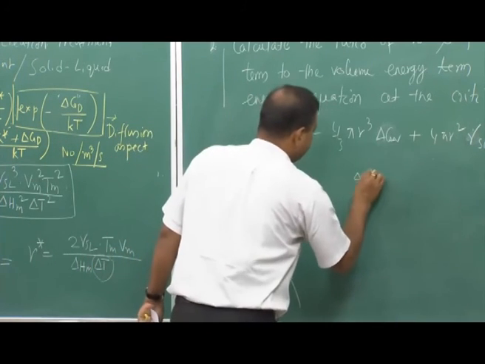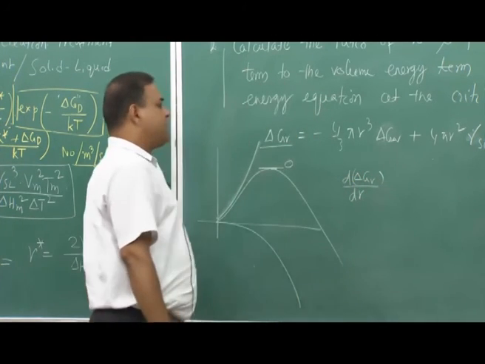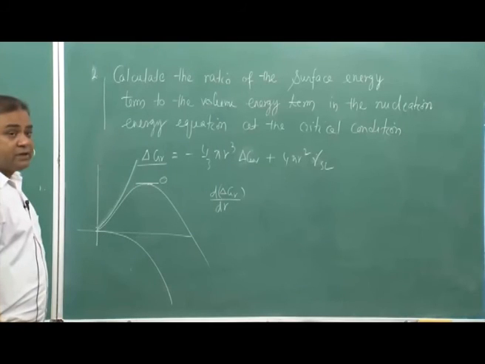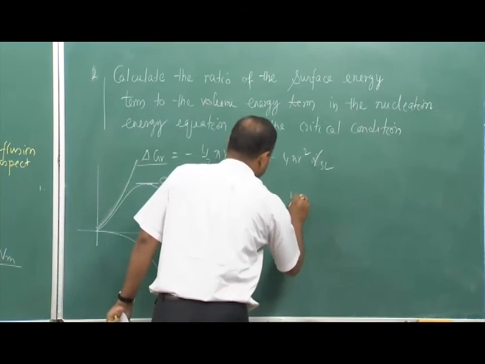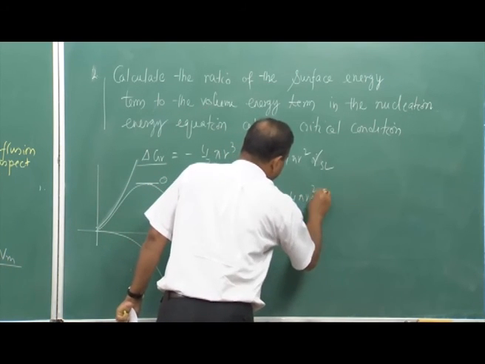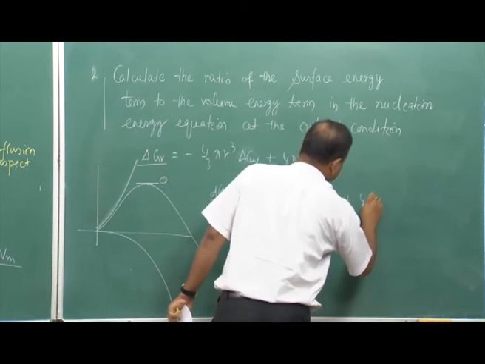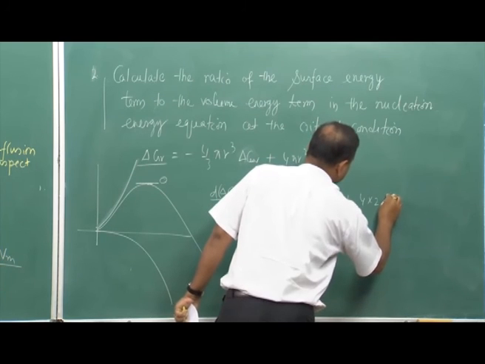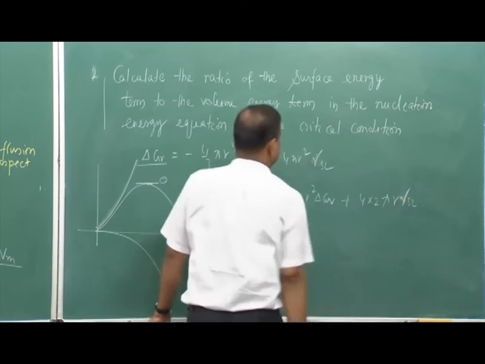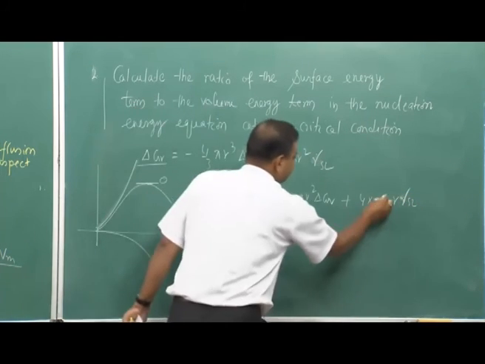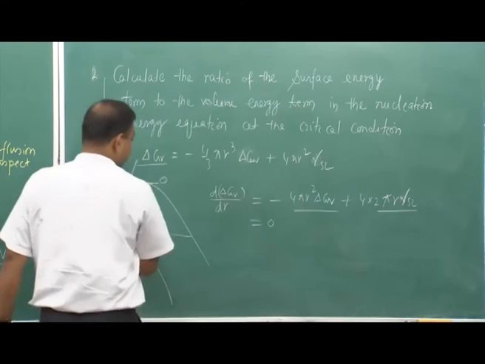Then I just find out what the condition is there. So, d delta G R by dR is basically my critical condition, or the critical nucleation condition, which should be minus 4 pi R square delta G V plus 4 into 2 pi R gamma SL. In this case, the slope becomes 0.